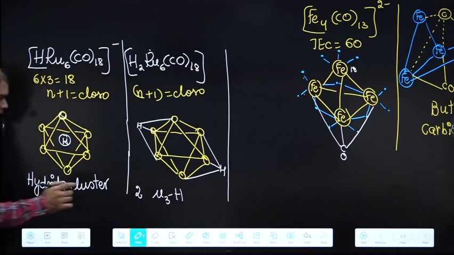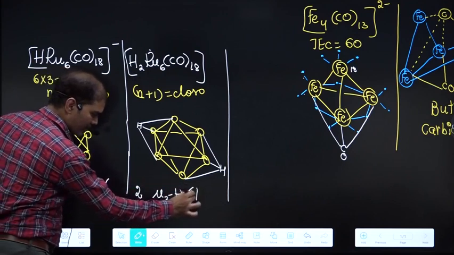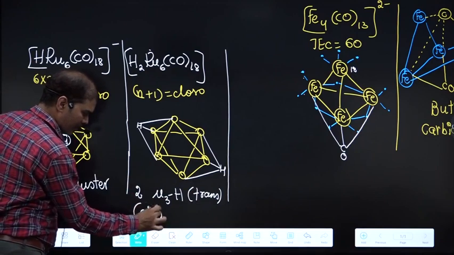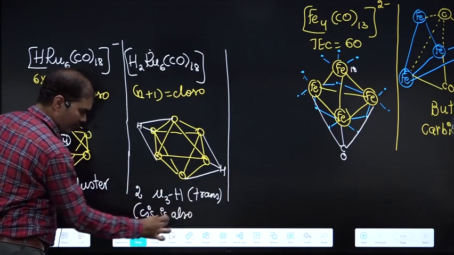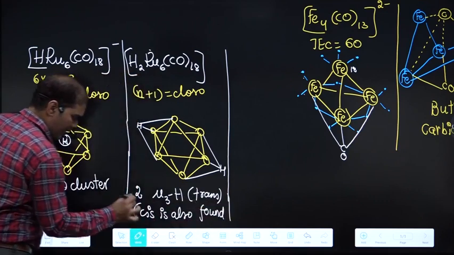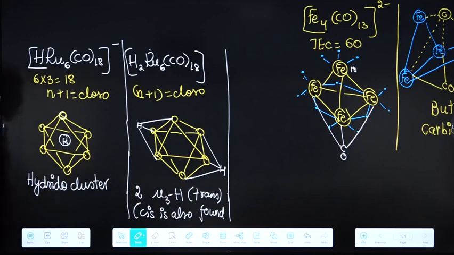In some literature you will find it as cis also. This is trans. Cis is also found, so you need not get confused. In some research articles it is given as trans, in some it is given as cis. So both are found, cis as well as trans.